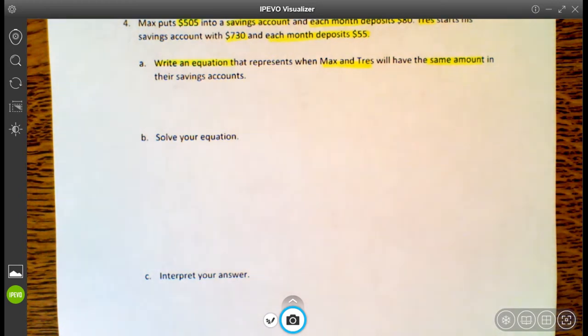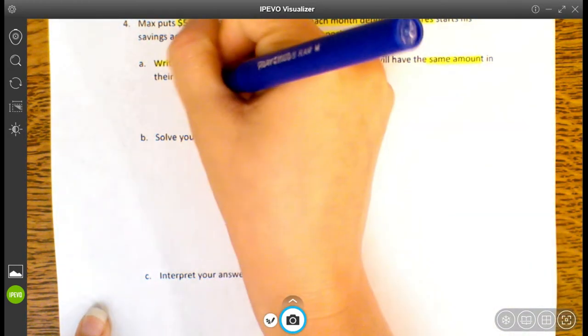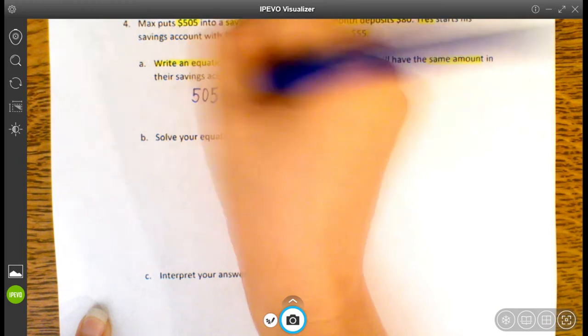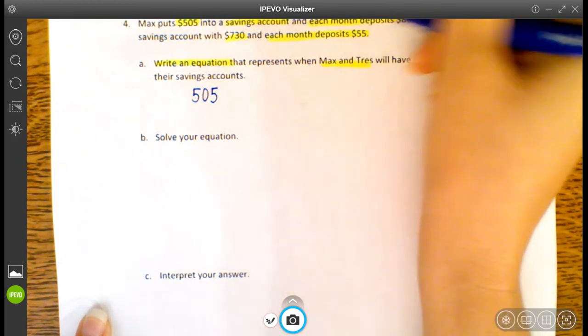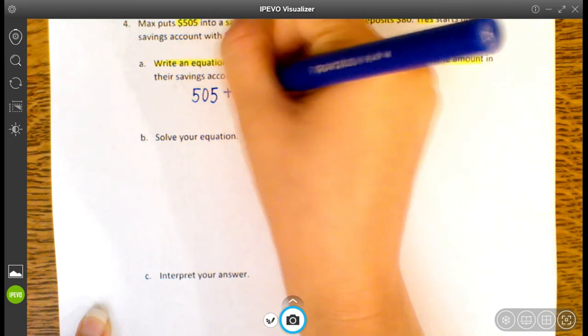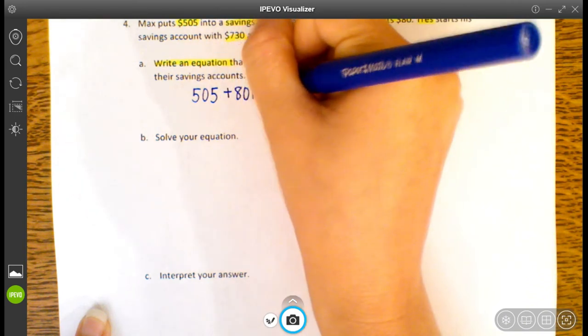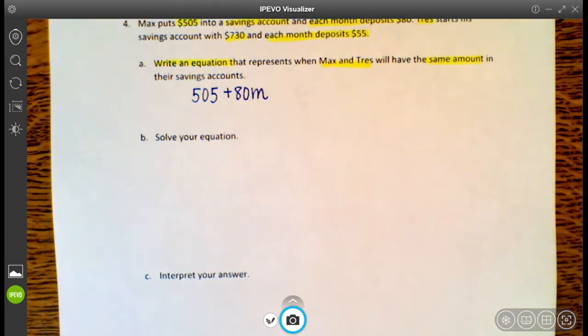So here we go. For Max, I'm going to do his in blue. So Max has an account where he has already put in $505, but he is each month depositing $80. So we're going to add that $80 per month. So I'm going to use an M to represent that.